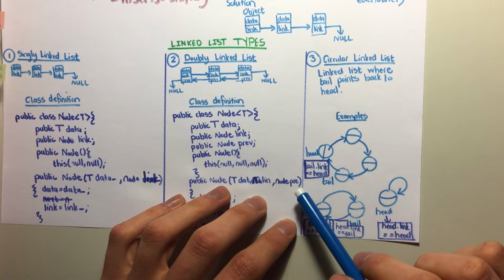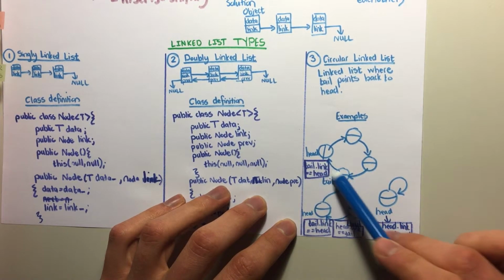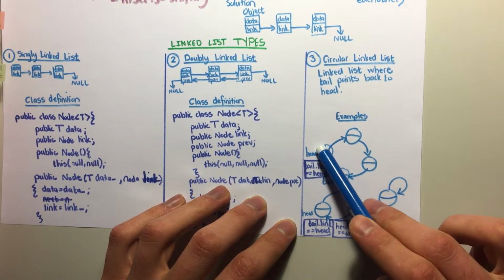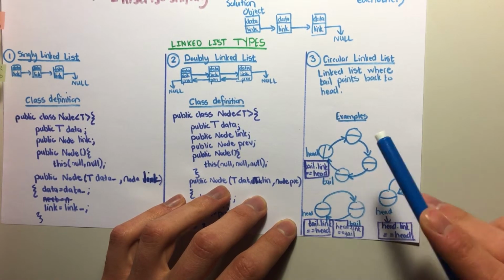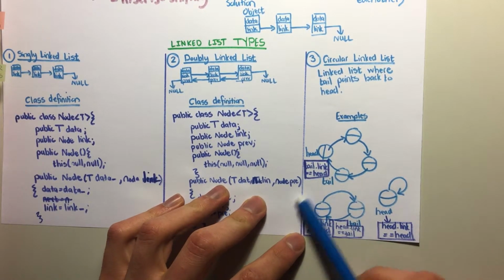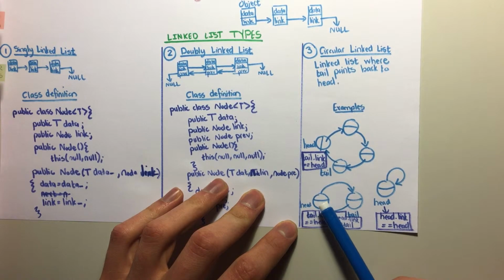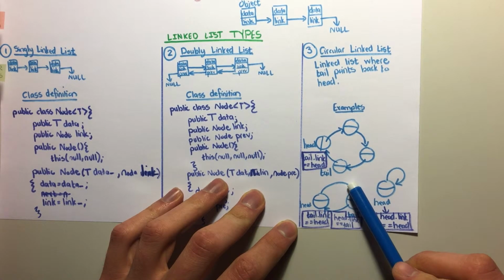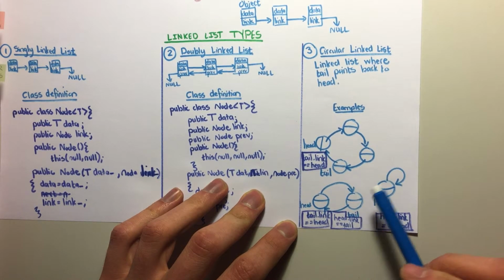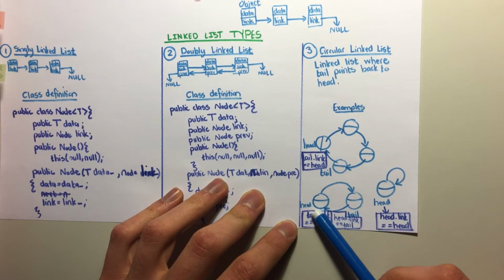So this means that tail.link will be assigned head when you create your linked list. So if you make your head and you have a second element, such as here, then after you created your head, you will have your head's next pointing to tail and your tail's next pointing back to head.